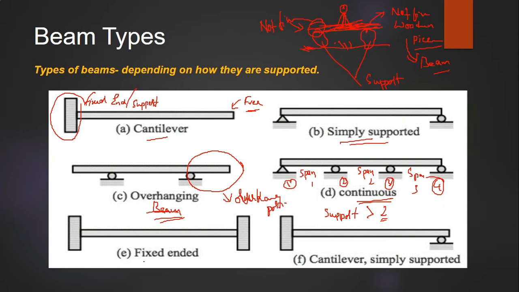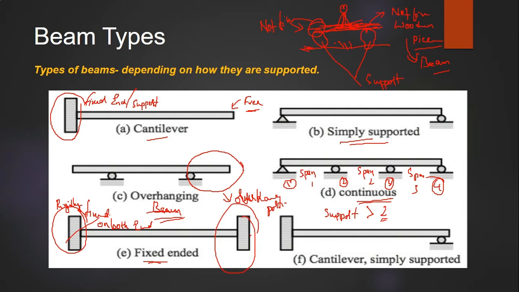And as you can see here in the fifth one, a fixed ended beam, fixed beam. In case of a fixed beam, the beam is rigidly fixed on both ends, on this end and on this end.